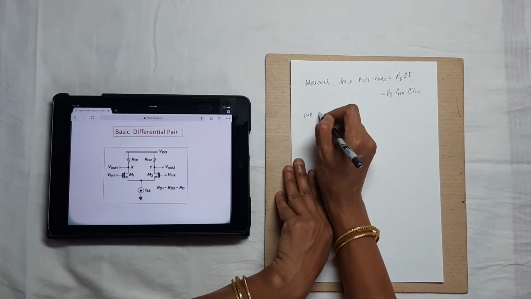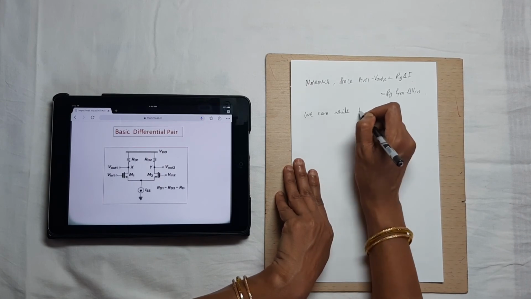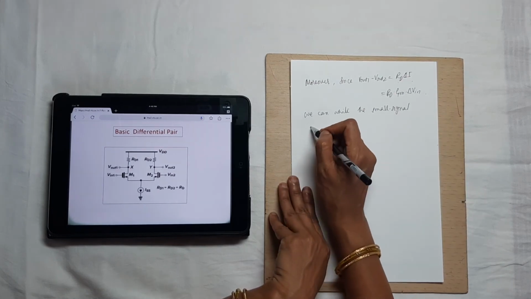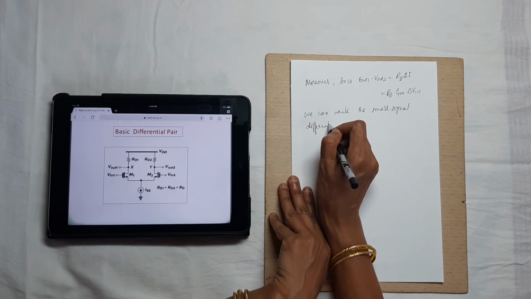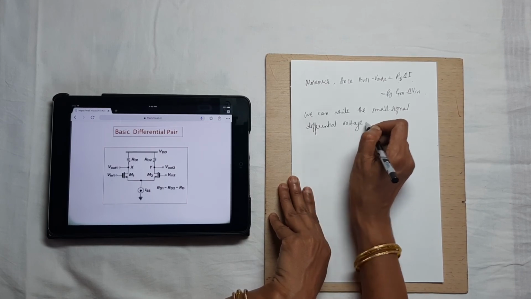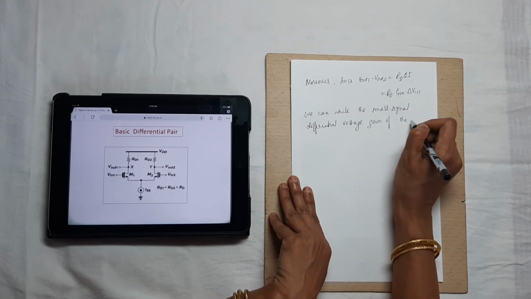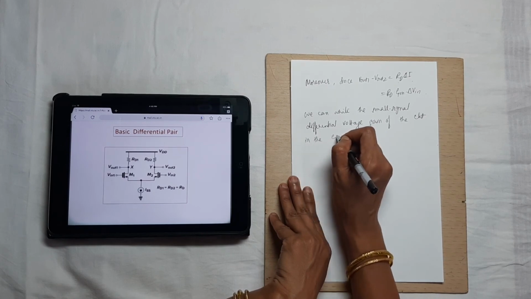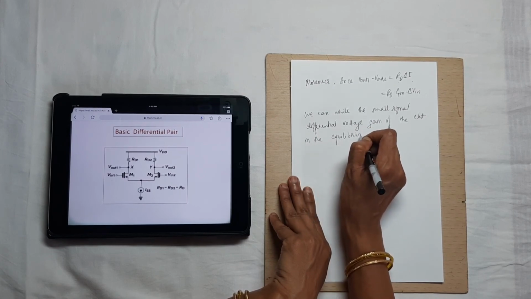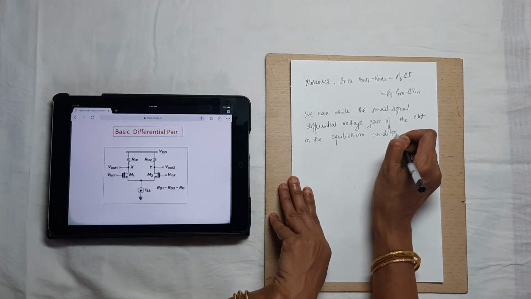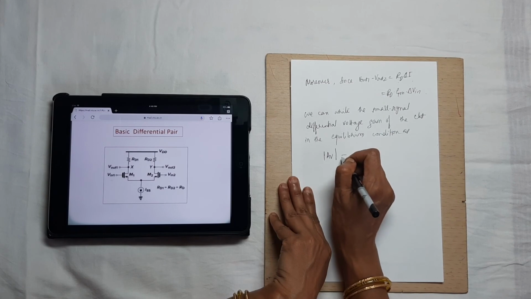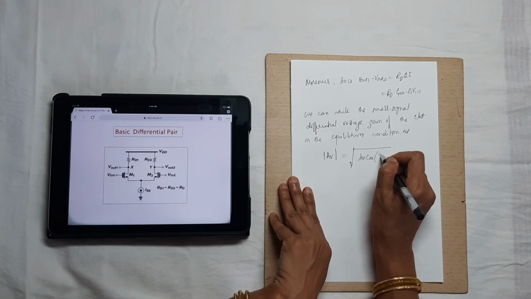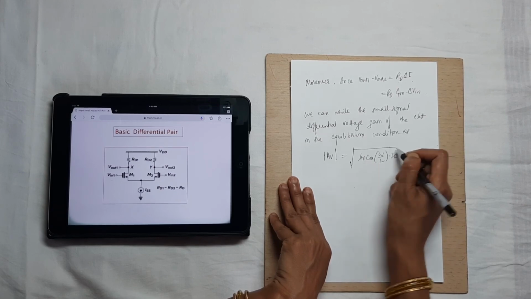We can write the small signal differential voltage gain of the circuit in the equilibrium condition as AV is equal to square root of mu n Cox W by L into ISS into RD.